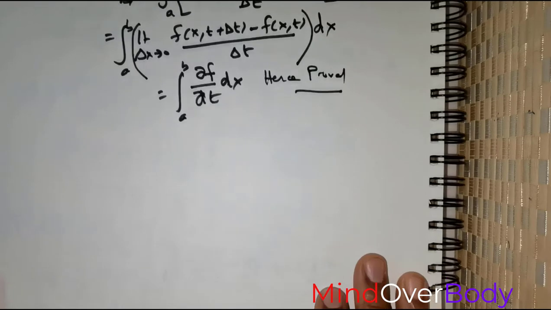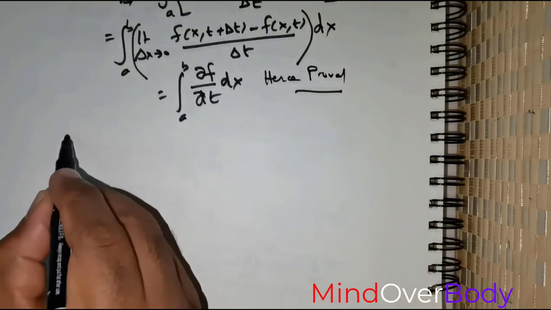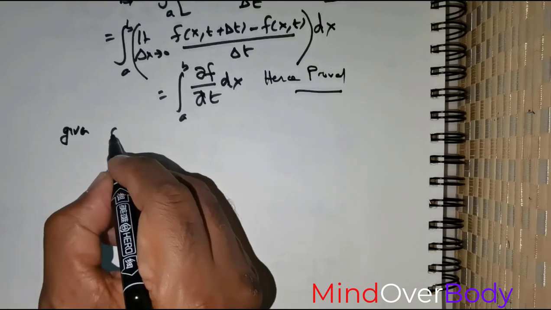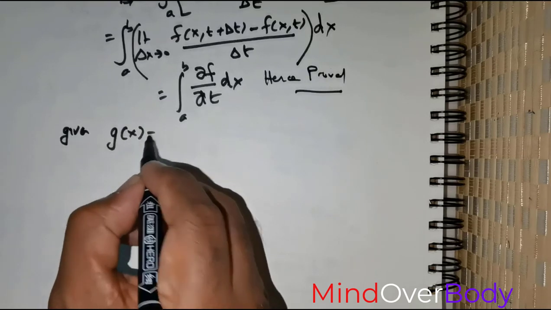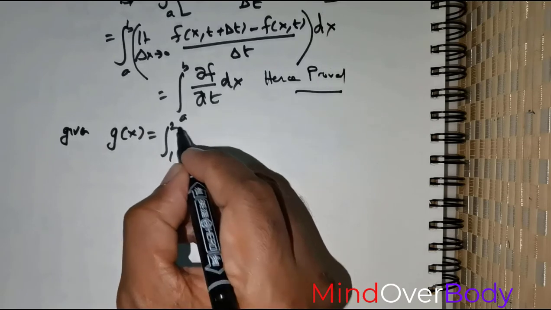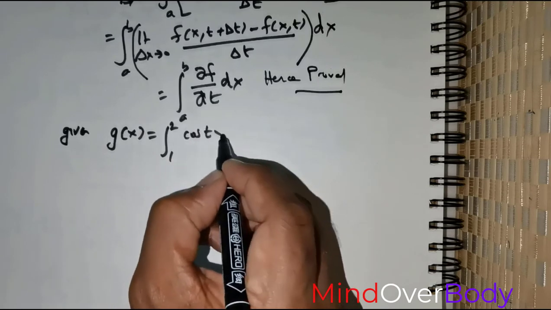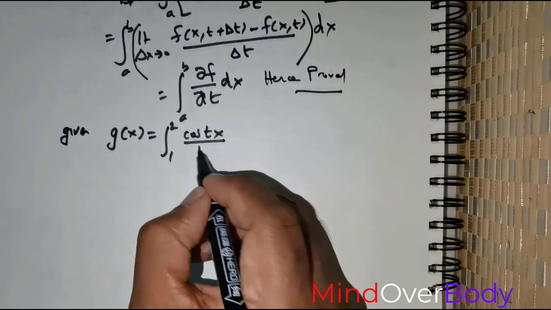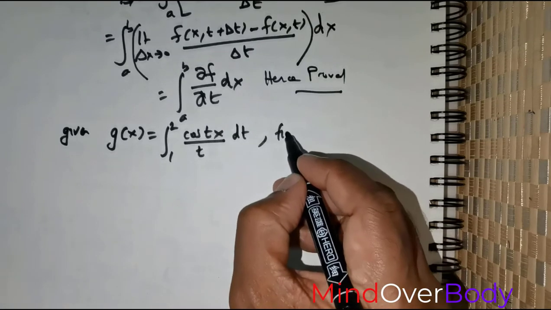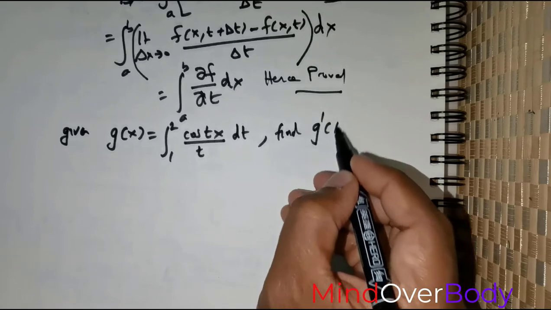Students, we are given a beautiful question. The question is as follows: given g of x is equal to the integral from 1 to 2 of cos(tx) over t times dt, we are asked to find g dash of pi.